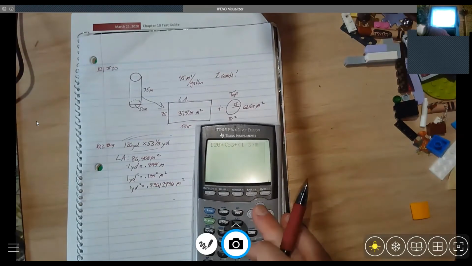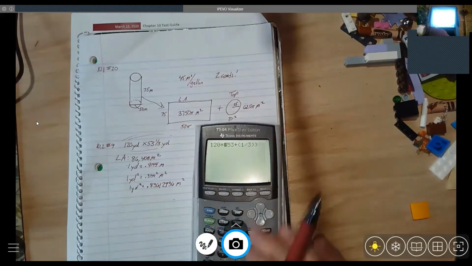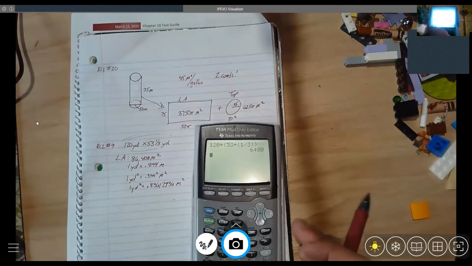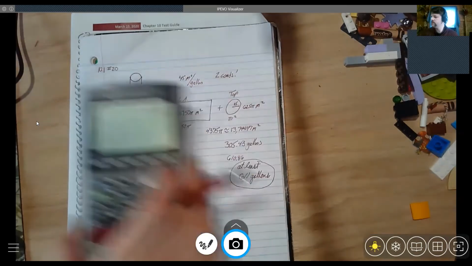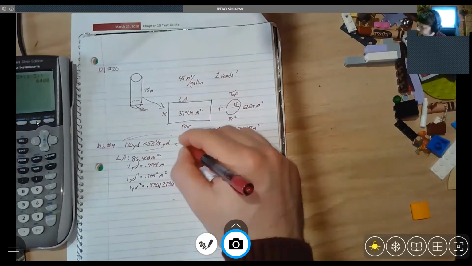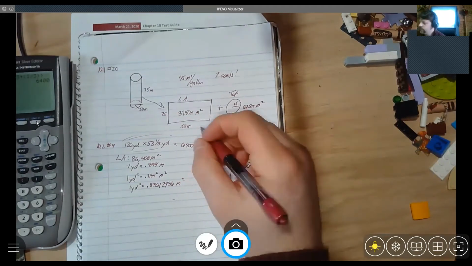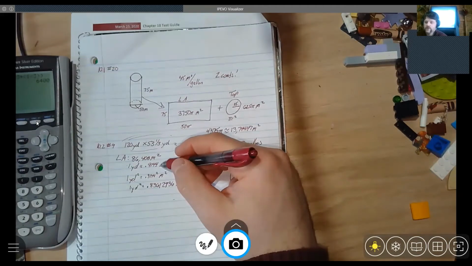All right, 6,400 square yards. So in a football field, there are 6,400 square yards, but we want to compare that to meters squared.